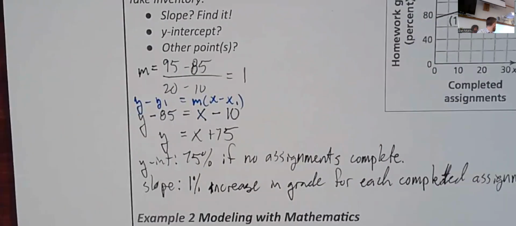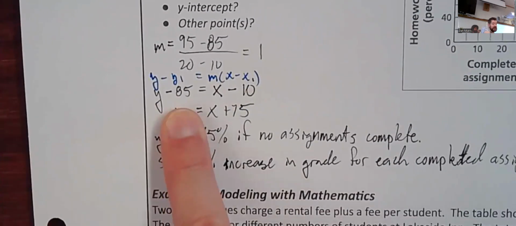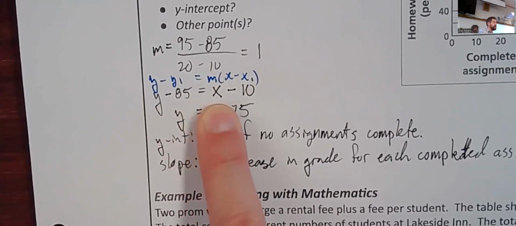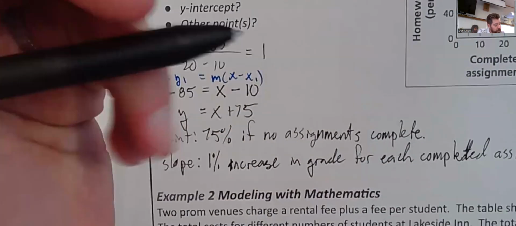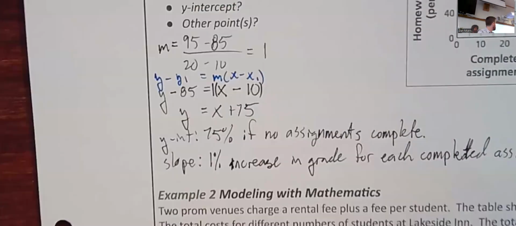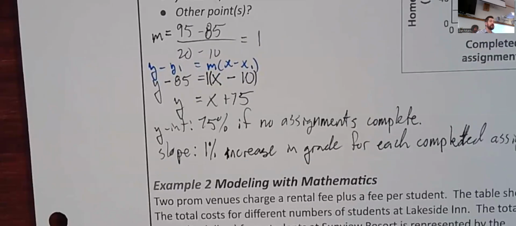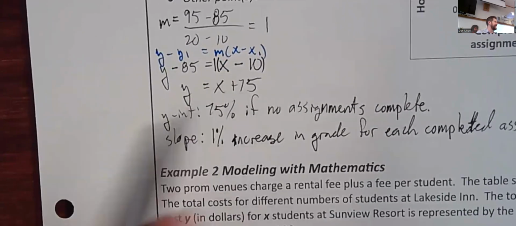And so I wrote y minus 85 because it was y minus y1 equals. I didn't use my value of m here just because m was 1. But if you wanted to, you could put 1 and then parentheses and x minus 10 inside. That's fine. You would generally have to do that if your slope is something other than 1. So 1, and then if you distribute the 1, it's the same thing.